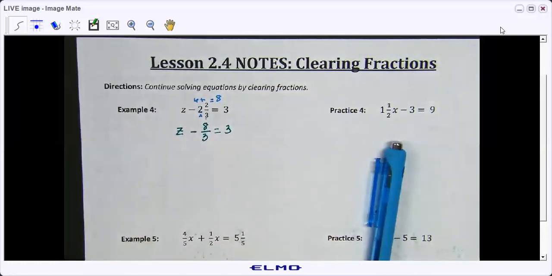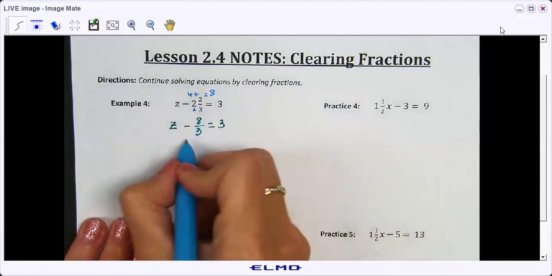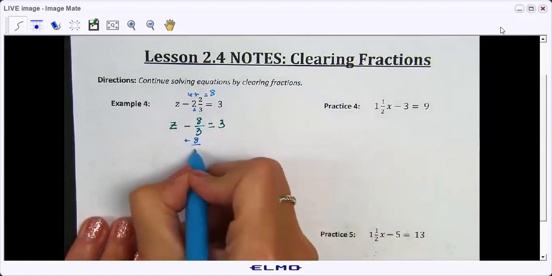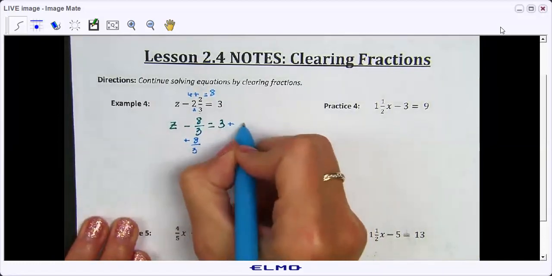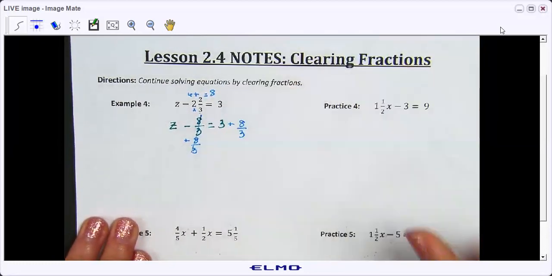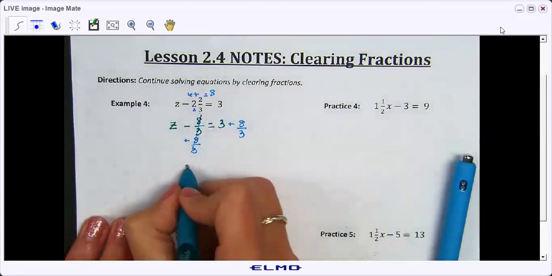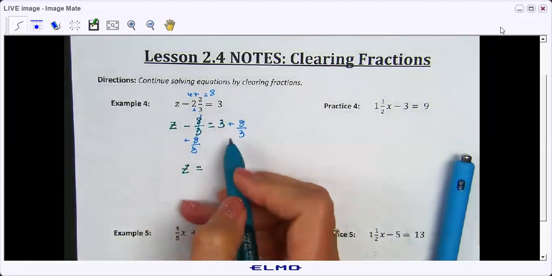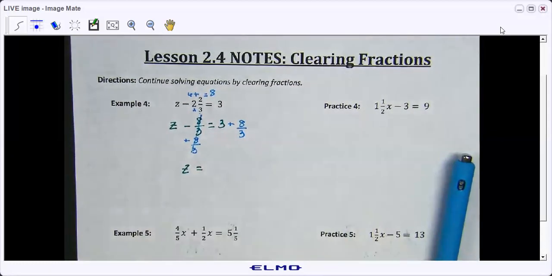All right, now what I have to do at this point is add 8/3 to both sides. So I'm going to add 8/3. And then over here, I'm going to set it up like this, 8/3. These cancel out. And I'm left with z equals. And now at this point, I would multiply everything by 3. But you guys are finding common denominators.